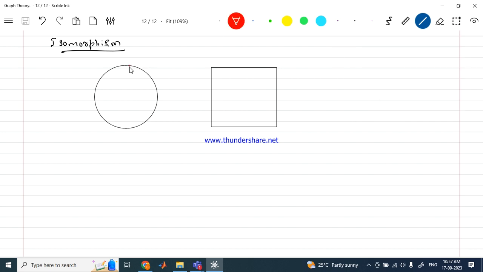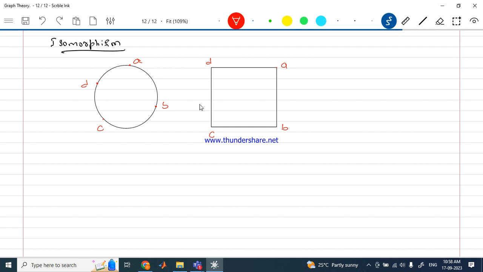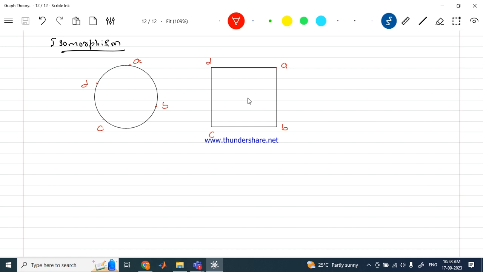Vertices A, B, C and D. Isomorphism just says that the shape of the graph is not important; the information the graph carries is important. These 2 graphs are given in different shapes, but they are carrying the same information. So these 2 graphs are same.